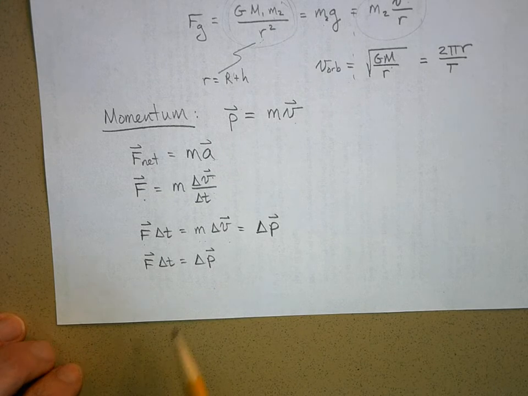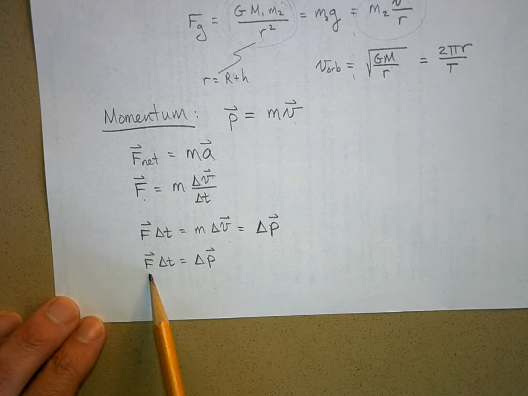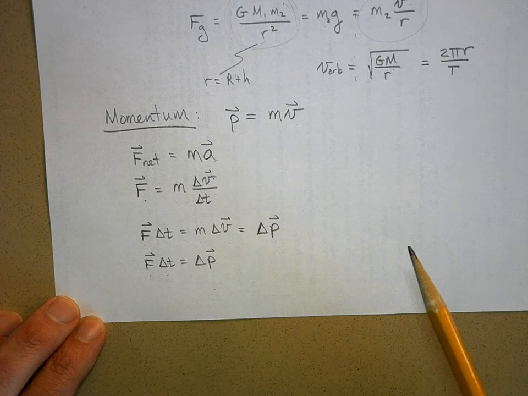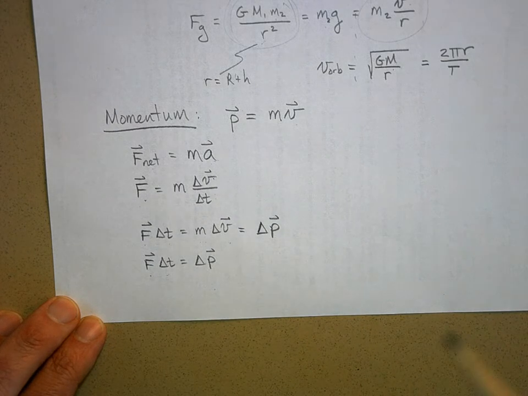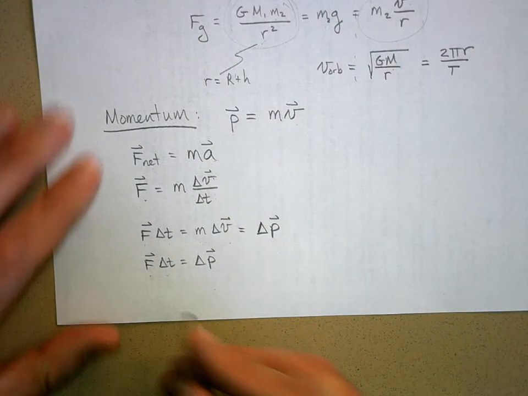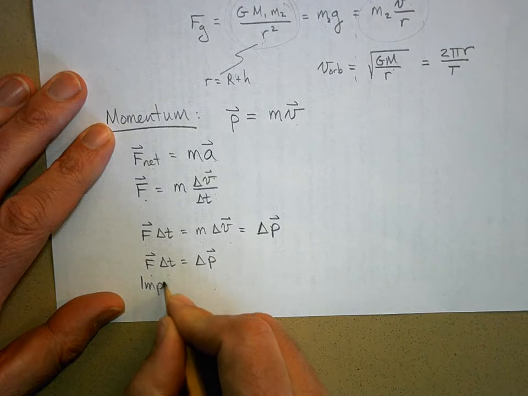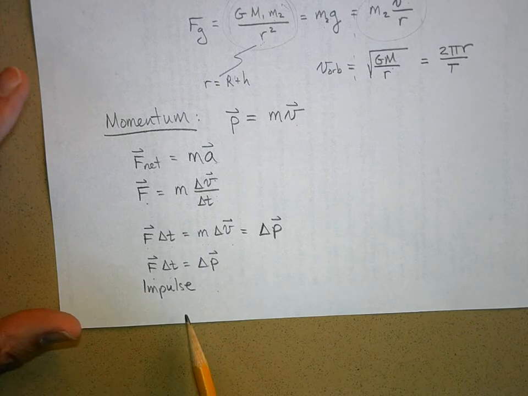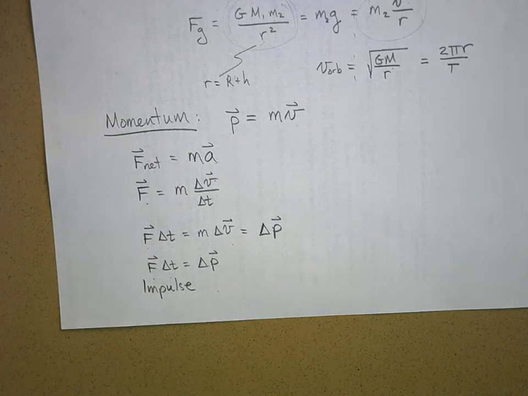When you apply a net force to an object for a period of time, we say that we have applied an impulse to the object. So the product of force times time is impulse. This is called, in physics, it's called impulse. Okay? It's different if you're talking about shopping, okay?